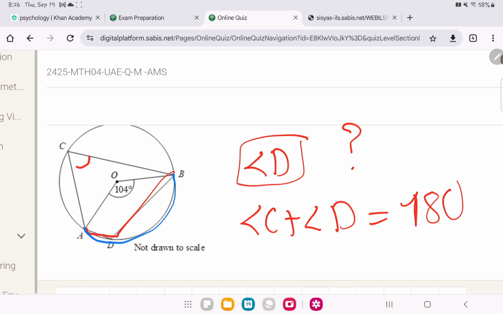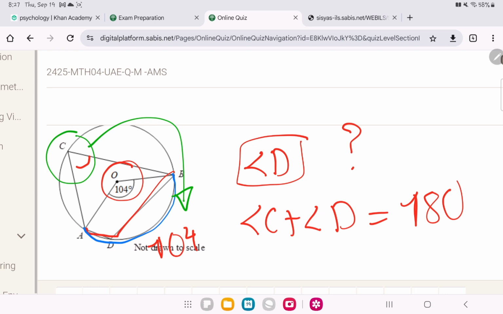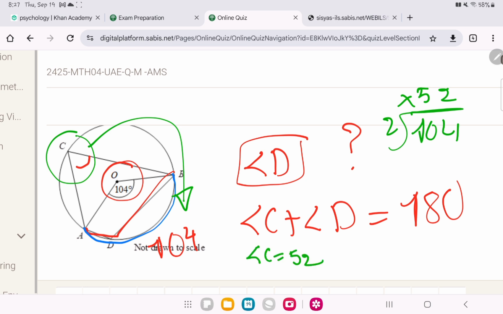If you notice, we also have a central angle, which is O. And we know that the measure of the arc is equal to the measure of the central angle, so it is 104. So the measure of the interior angle is equal to half of the measure of the arc, so it's gonna be 52. If I'm not mistaken, 104 divided by 2 is 52, yeah. So the measure of C is equal to 52.